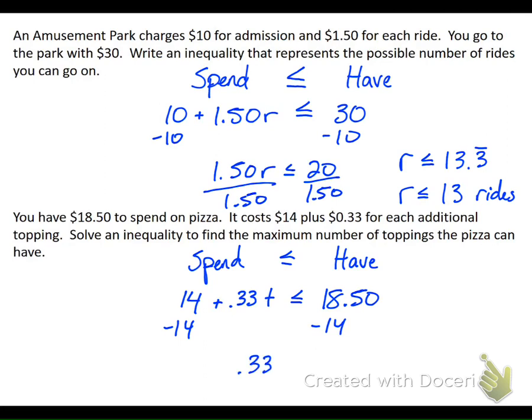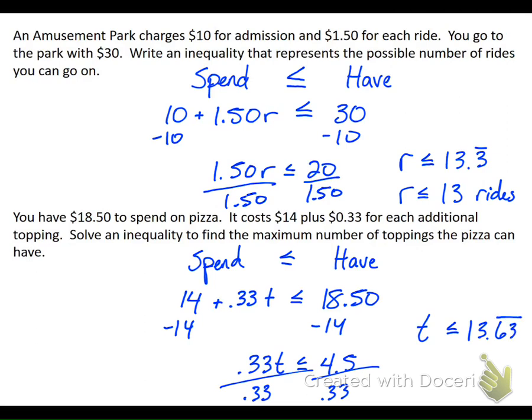So I can subtract the 14 to the other side. Get 0.33t is less than or equal to 4.5. Then 4.5 divided by 0.33. And I get that my toppings have to be less than or equal to 13.636363636363.